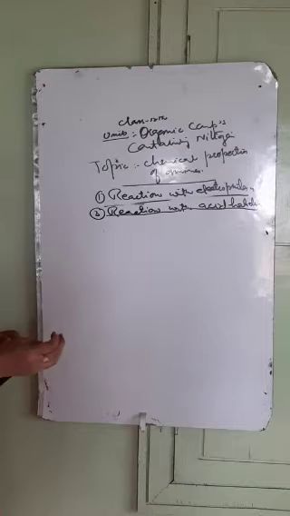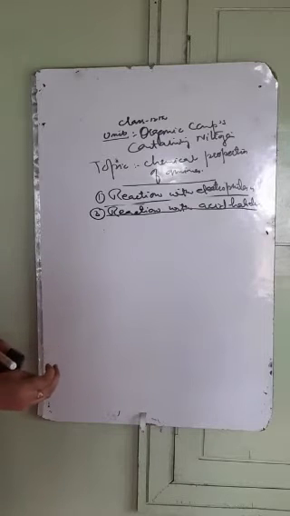So only the primary and the secondary amines जो होते हैं, they react with acid halides and result in the formation of amides.